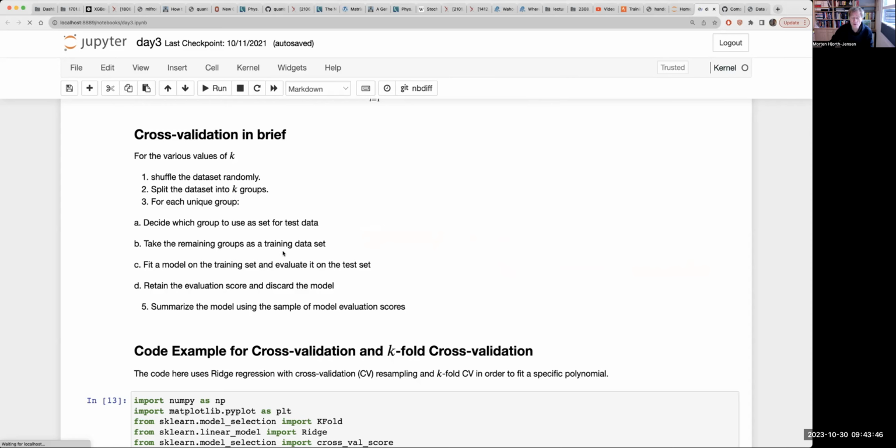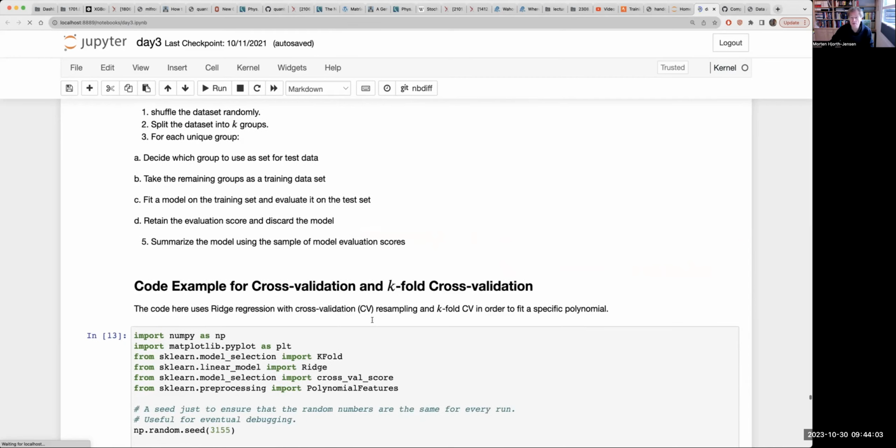Take the remaining groups as the training data set, fit a model on the training set and evaluate it on the test set, retain the evaluation score and discard the model, and repeat this until you've gone through all the test sets. Then summarize the model using the sample of model evaluation scores.